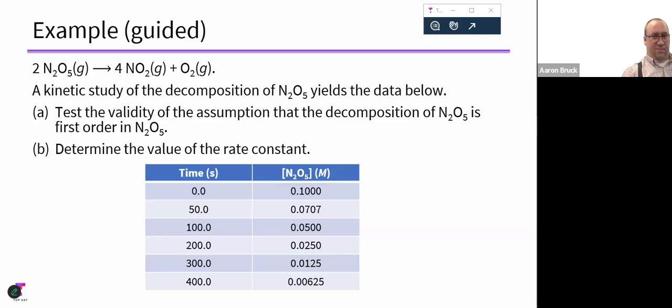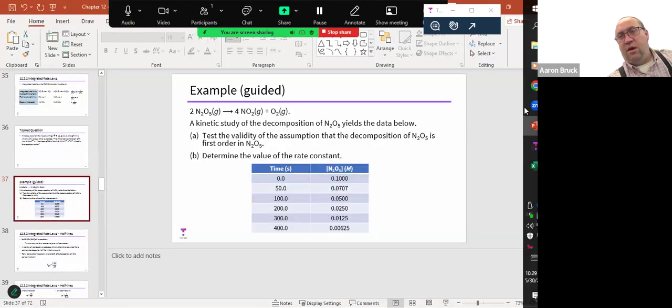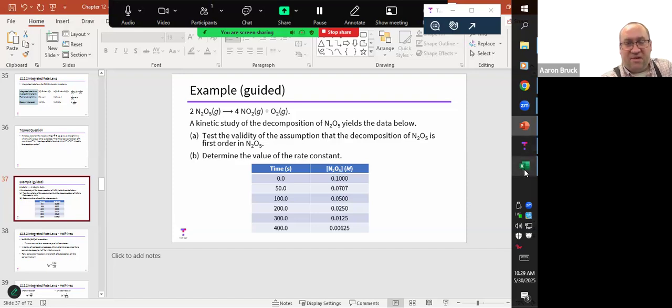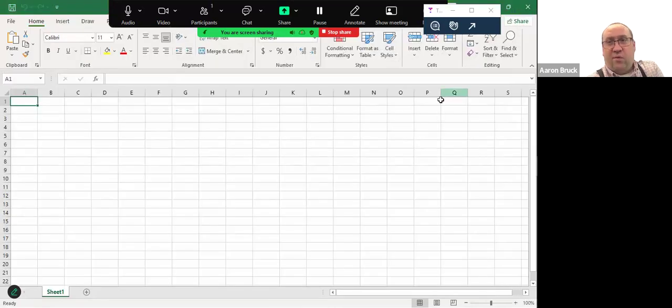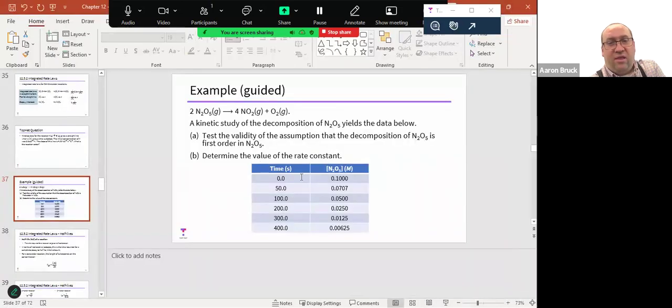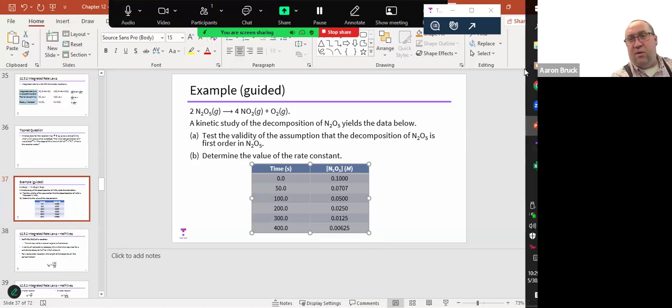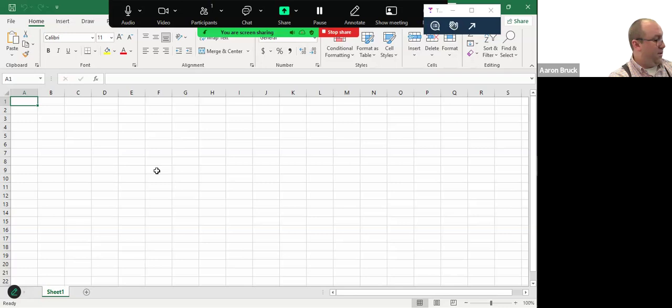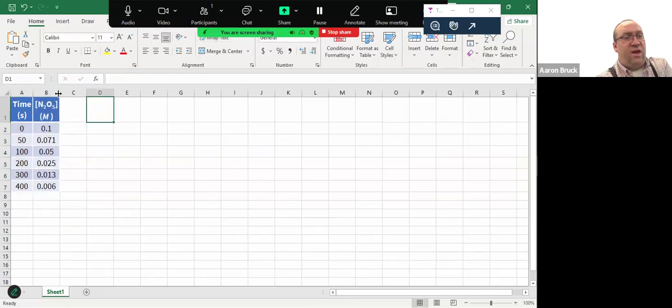And so what we need to do is open up a copy of Excel or Sheets, whichever one you're more comfortable with. And we need to import this table. If you don't have the PowerPoint and Excel open at the same time, that's okay.